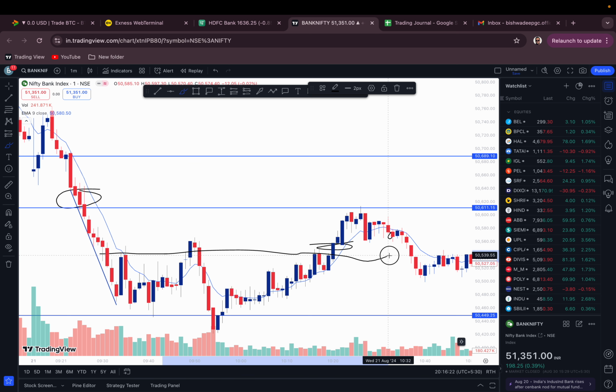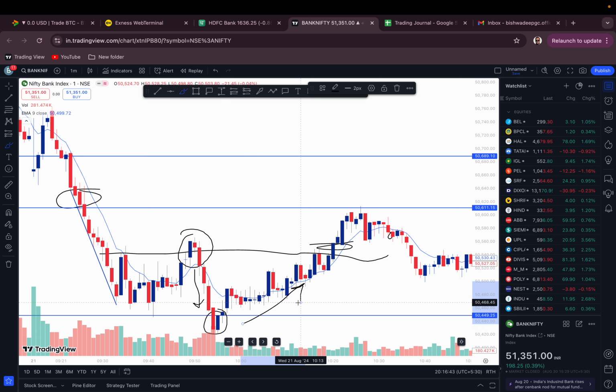Here I must draw this resistance line, because from here there was a small downtrend, and again it was a fake breakout over here, and the market came down, took the help of the support over here, and got reversed. So there was a good trend in the market at that moment. So that is why I took this trade.